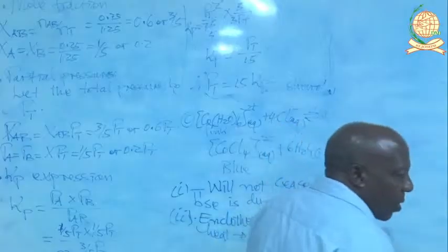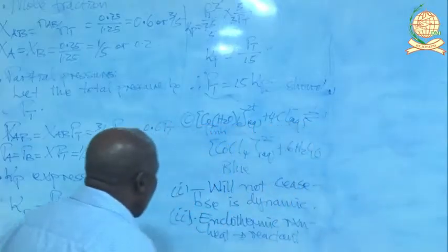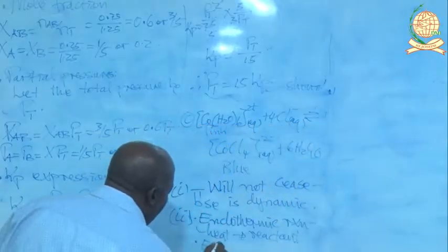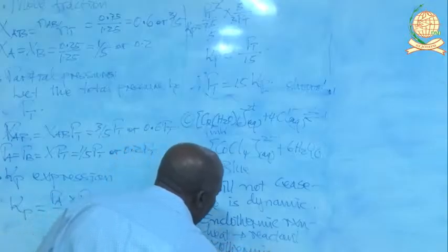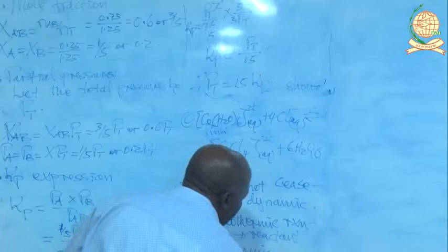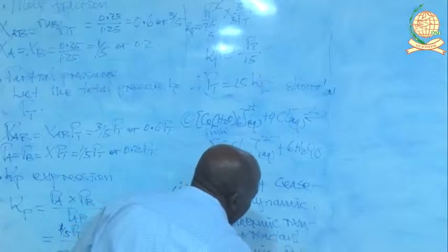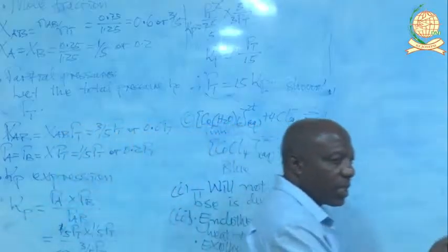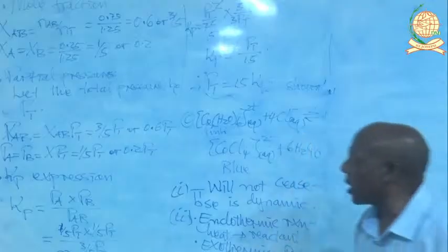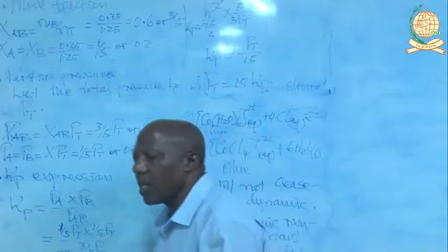And for exothermic, heat is a part of the product. When we say exothermic, heat is given out by the system, and when it is endothermic, heat is added. Now, if this reaction is endothermic, heat is a part of the reactant.